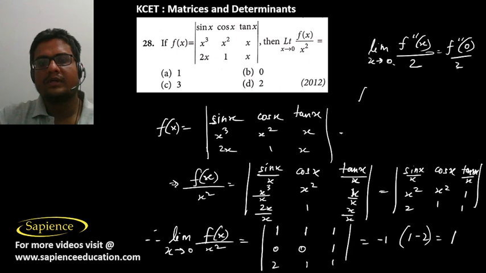So now f double dash x will be equal to, so this is cos x, this is minus sin x, and then the derivative of cos x is minus sin x, so this is minus cos x, and then this is secant square x.